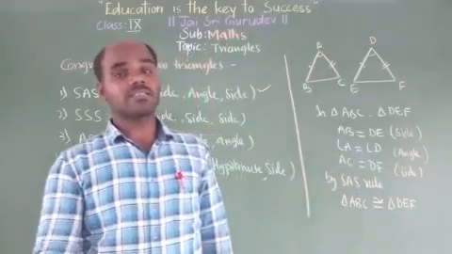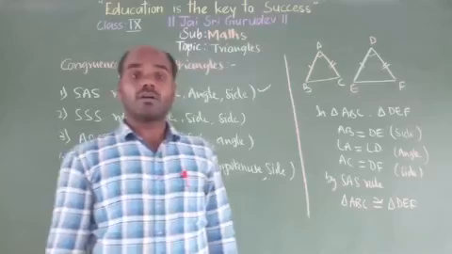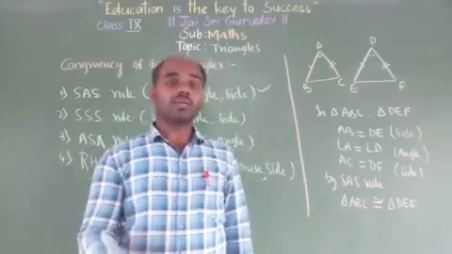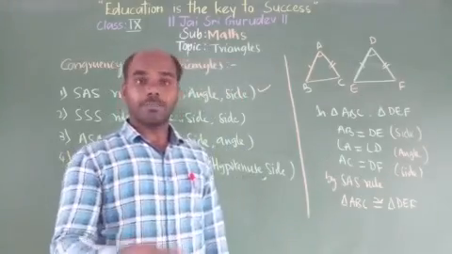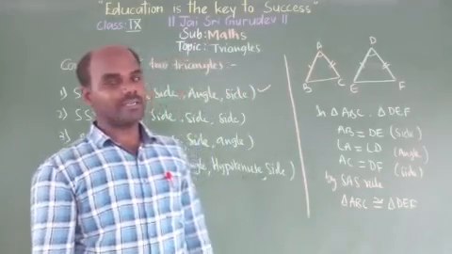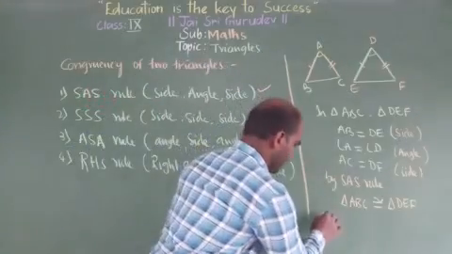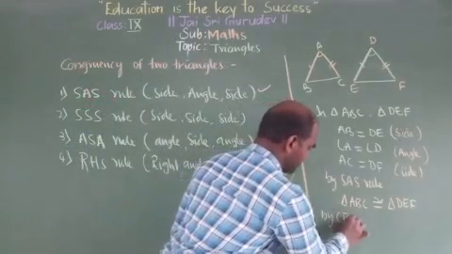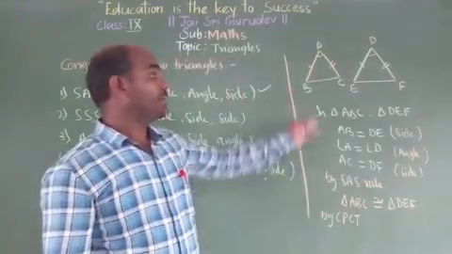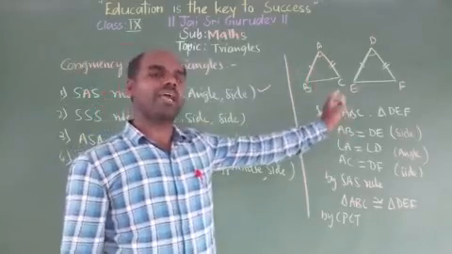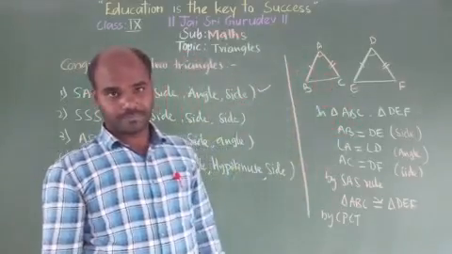When we get these two triangles as congruent triangles, by CPCT, which means corresponding parts of congruent triangles, the remaining sides and remaining angles must be equal.